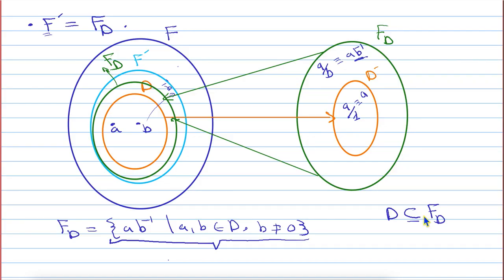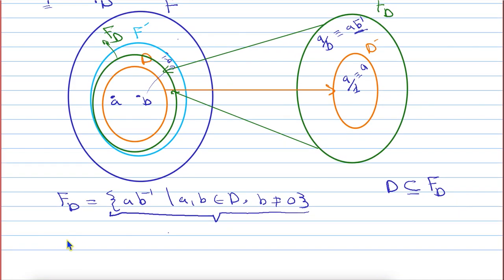We cannot have two different smallest prime numbers, or two different smallest natural numbers. It has to be always one, by the very definition of the word smallest. So we end up with F prime must equal F sub D, and this is the completion of the proof of this theorem.